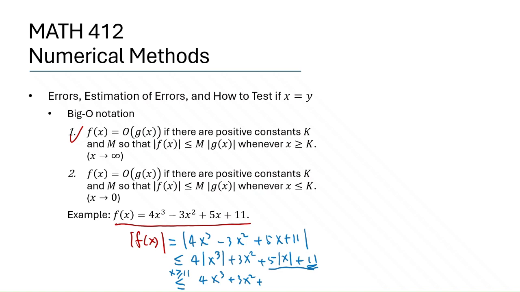So the constant 11 is less than or equal to x, under this condition. Now this will be x plus 5x. So we combine like terms, and this is equal to 4x cubed plus 3x squared plus 6x.